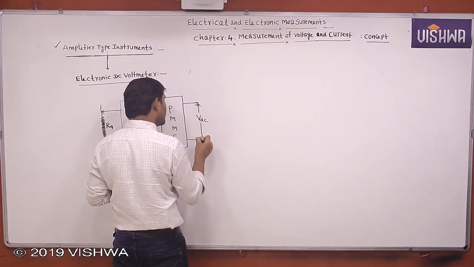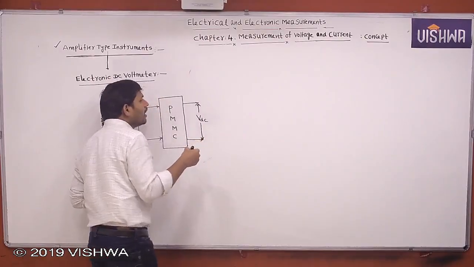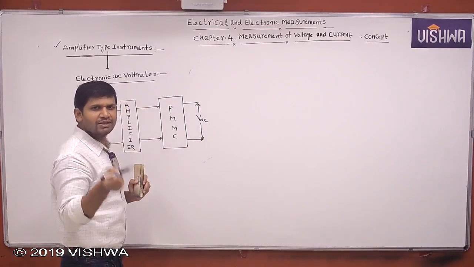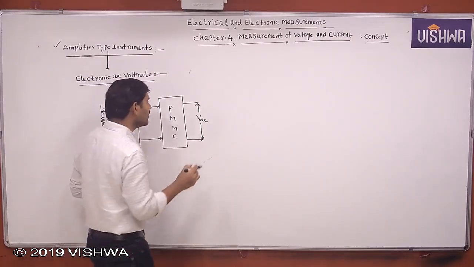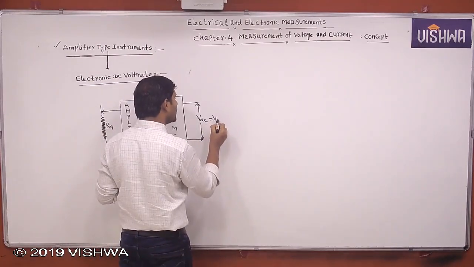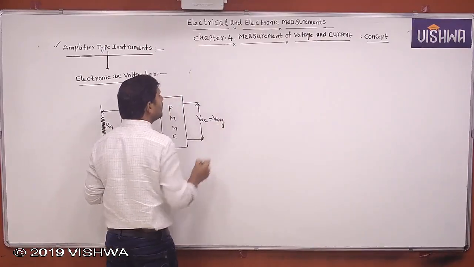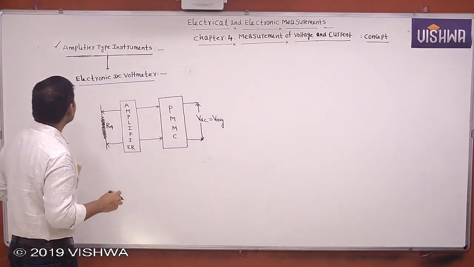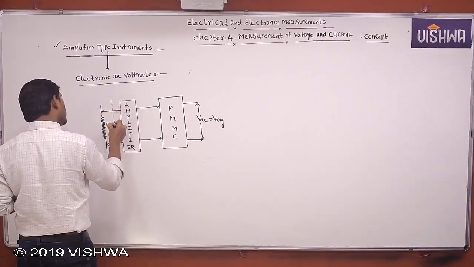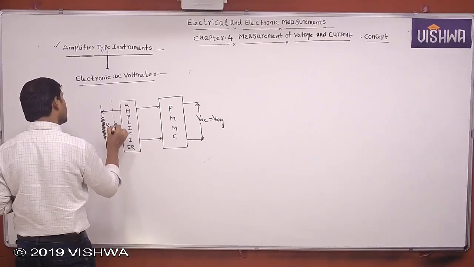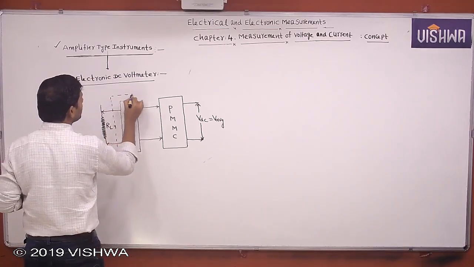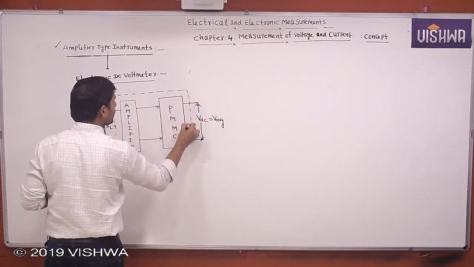But in the electronic AC voltmeter, I converted this average value into RMS value because it is an AC voltmeter. But this is a DC voltmeter, so you can directly measure the average only. Again, no need to convert into RMS. Then this is about the electronic DC voltmeter. This is the block diagram, and this RL is the load resistance. Okay, this is the block diagram representation of the electronic DC voltmeter.